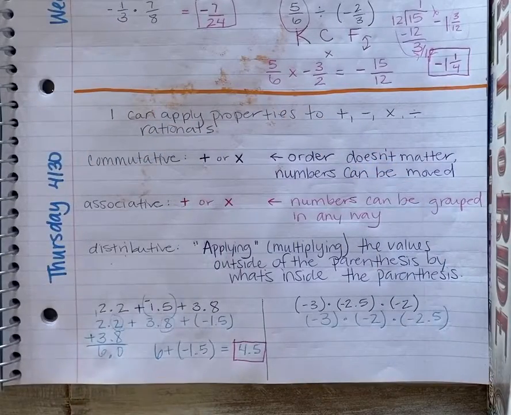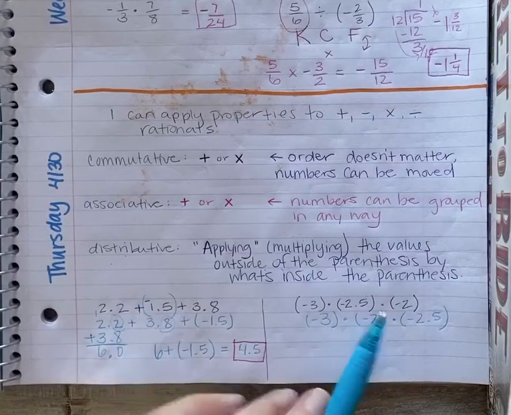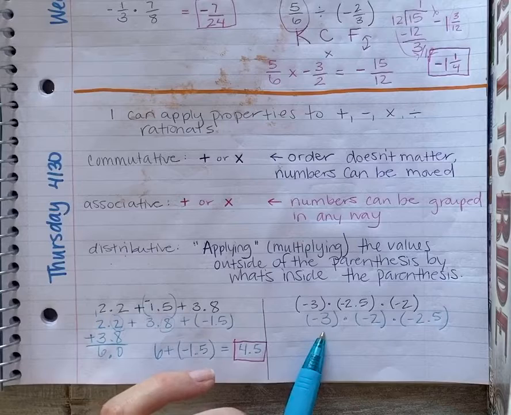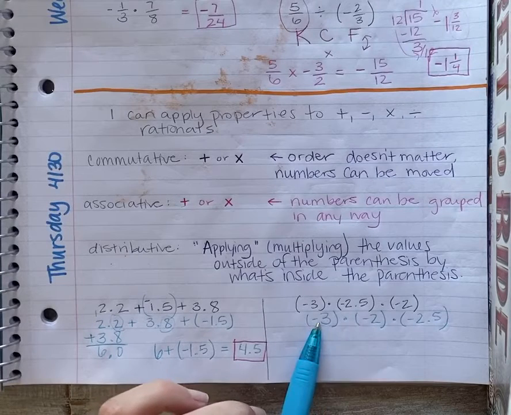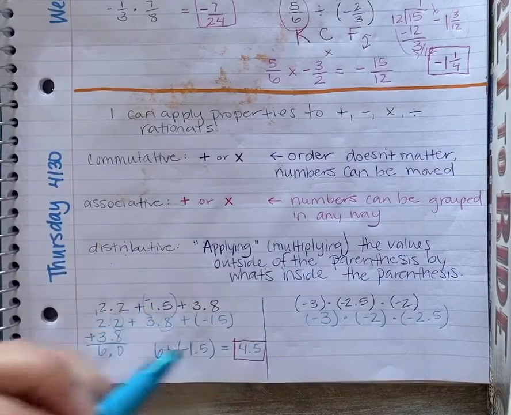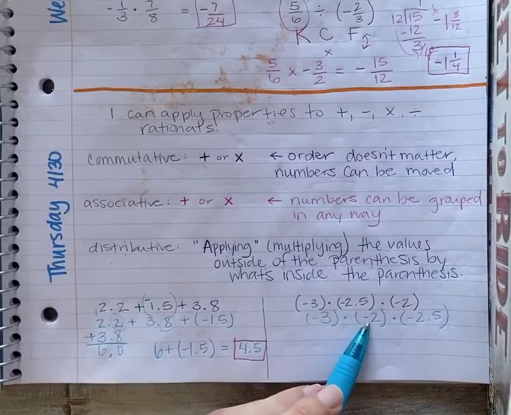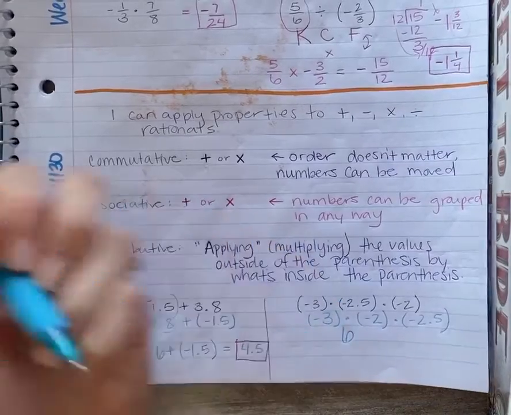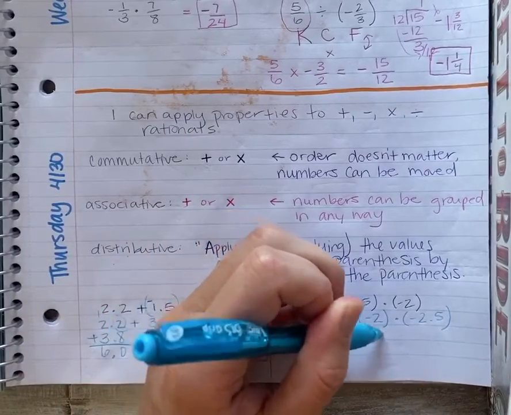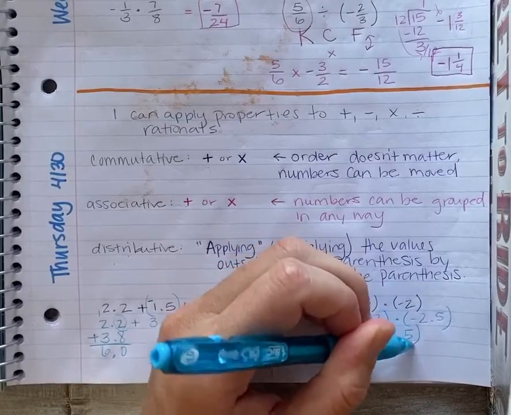So my mental math says that 3 times 2 is 6. Notice that we have two negative numbers here, but we know that if they have the same sign, my answer is positive. So 3 times 2 is 6. -3 times -2 is also 6. And then all I need to do is multiply by -2.5.